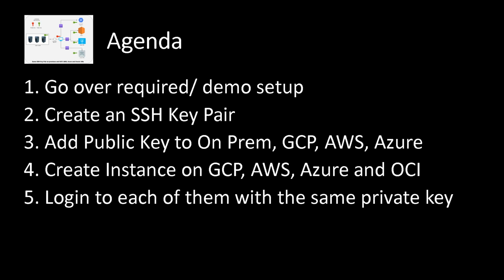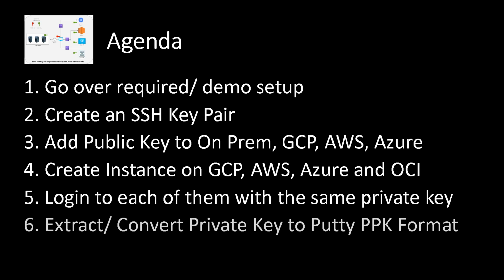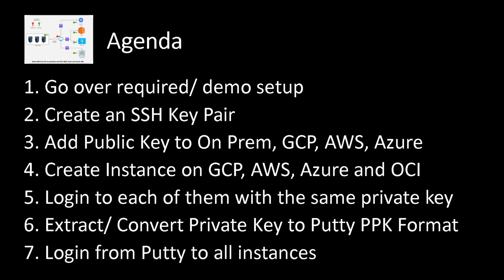And then we are going to use the same private key to log into each of those instances. For those who use PuTTY on Windows, we are going to convert the private key to PuTTY PPK format because a lot of folks have problems with that. And then we are going to log in from PuTTY to all these instances. So that's basically the agenda for today.